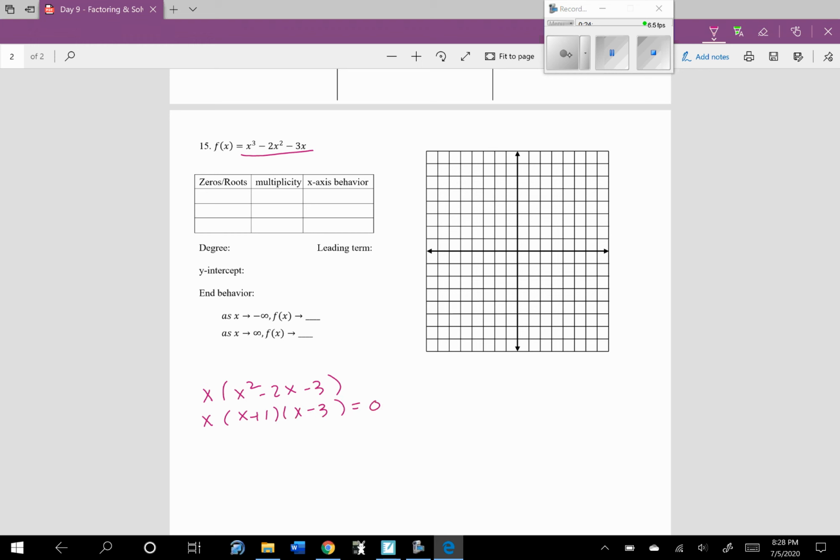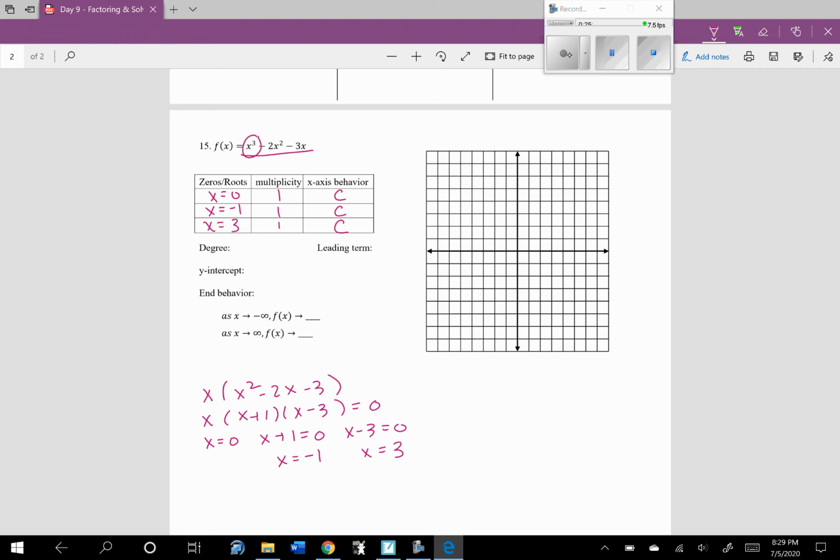And then you set each factor equal to 0 to find the x-intercepts. So here we get -1, and here we get 3. So x equals 0, x equals -1, and x equals 3. All of them are to the first power, so multiplicity of 1, which means they all cross.